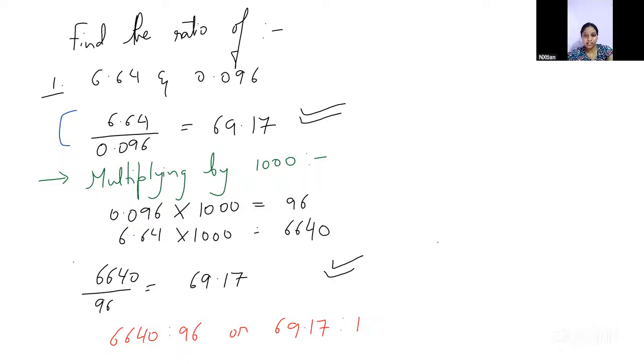Both are divisible by 2, because both are even numbers.